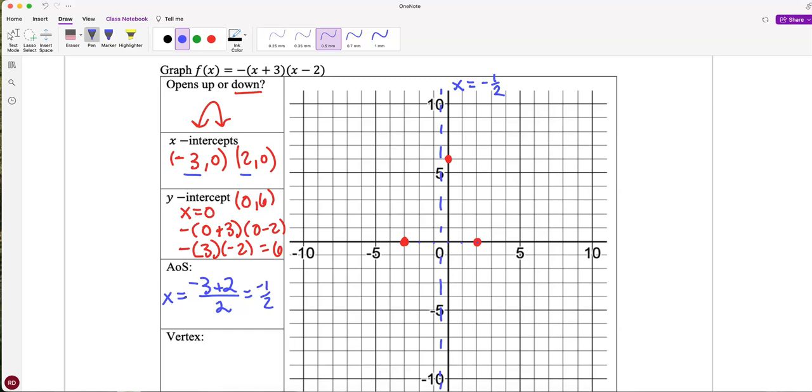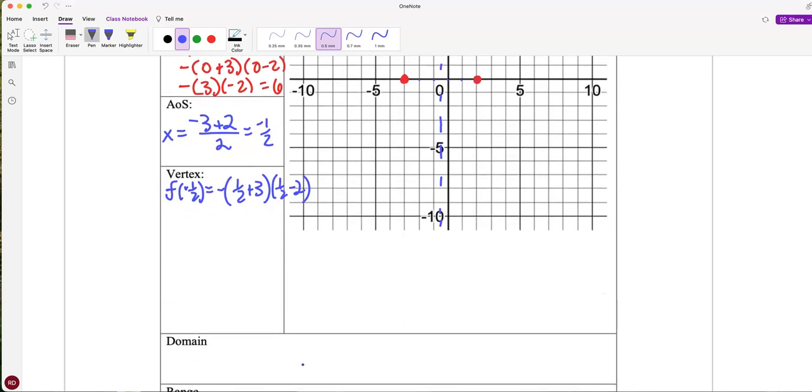The vertex is what's going to happen when I plug in a -1/2. So f of -1/2 is going to be negative, what is that, 1/2 plus 3, 1/2 minus 2. So that's going to be -3.5 and -1.5.